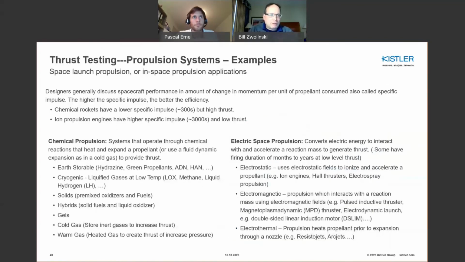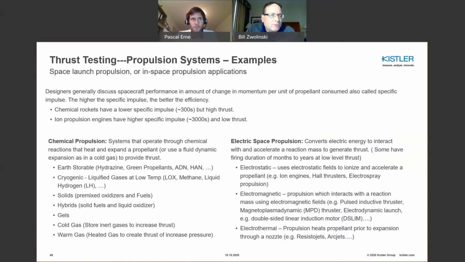Now I'll go to just thrust testing. I've got about 10 minutes left, and basically you've got both chemical propulsion and electrical space propulsion, where I'd say the electrical space propulsion has really advanced in the last years, and you see a lot of developments on the electrostatic side, electromagnetic and electrothermal type propulsion that are being used more and more.